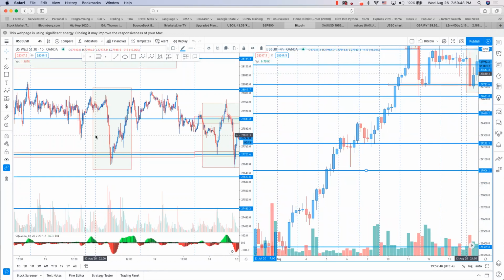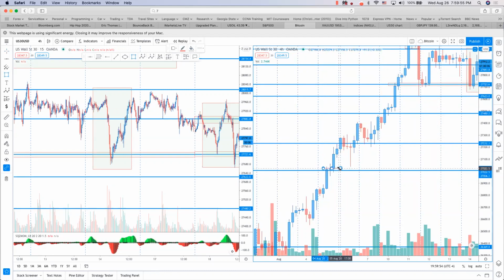Here is this example. This is an example of a break. We're looking at these 3 candles right here.